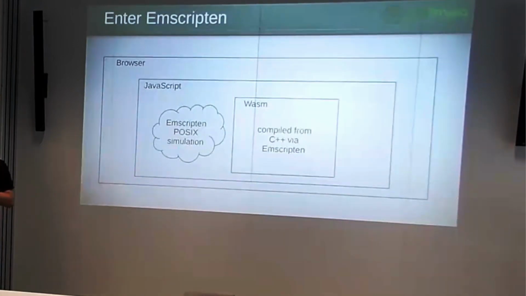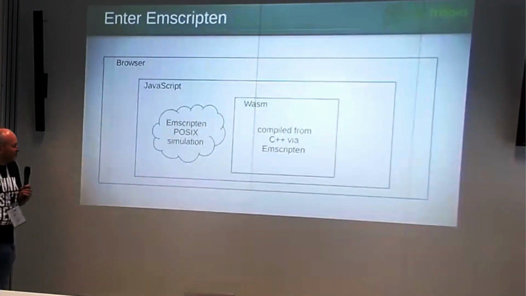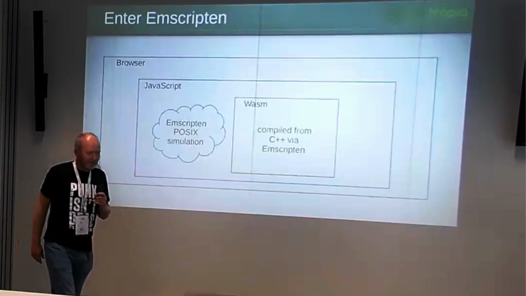So another big part of Emscripten is not only compiling code, but also giving you the illusion, or a simulation, that you're running in something that you already know and that your program already expects to find, which in this case is the C library, POSIX variety. So coming from the Unix world, thank God they didn't decide to base it on the Windows API, for example. That's a good plus there.